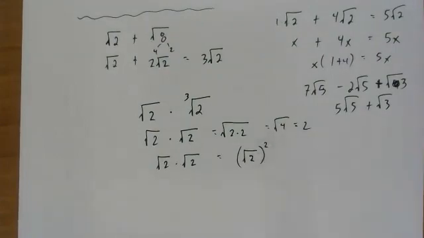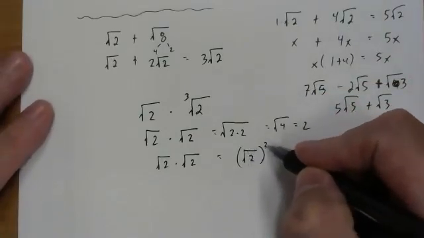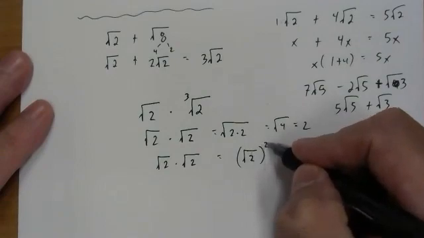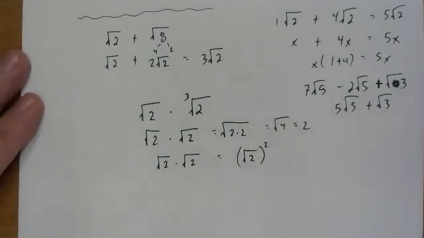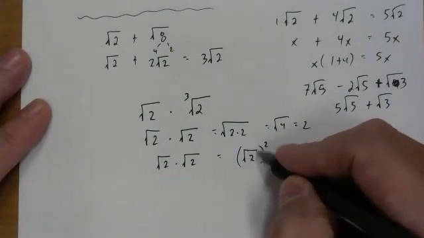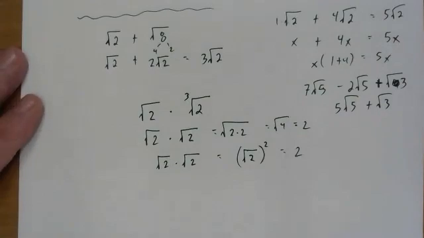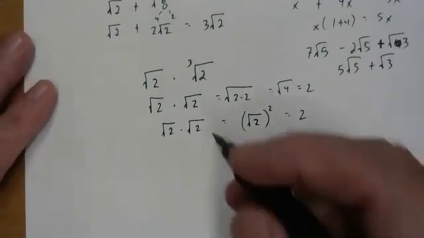This becomes very important in the world of math because there are so many times where the square root and the square are sort of like inverse functions or opposites. And whenever you see something like this, they sort of cancel out and you're just left with what's under the radical.